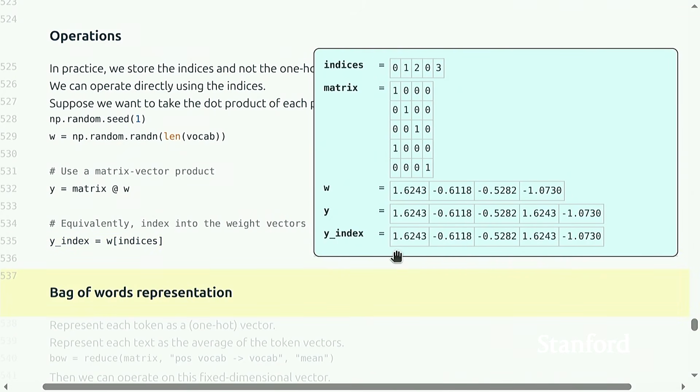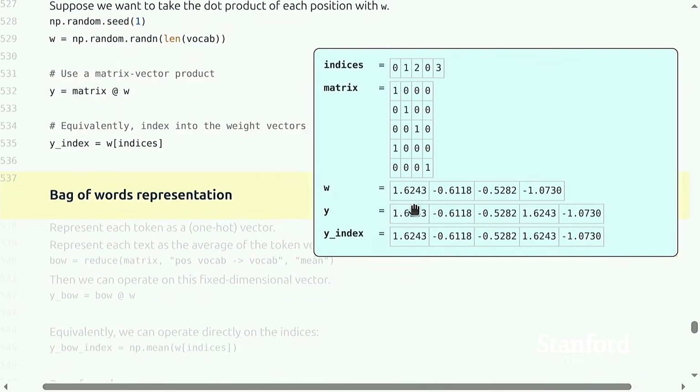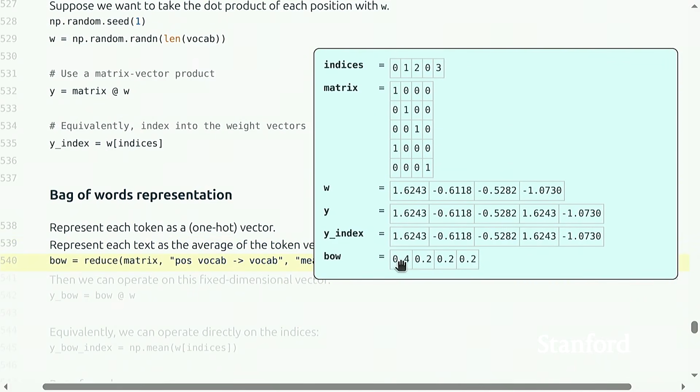Okay, so finally, what I want to talk about is the bag of words representation. Generally, tokenization gives you a vector for every position. But one thing I can do is average all of these row vectors together and get something like an average vector.